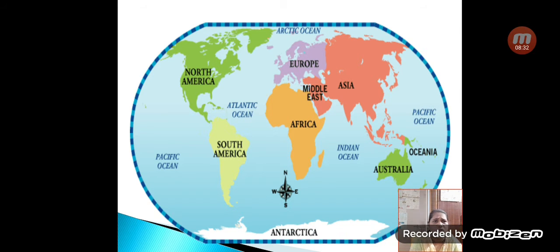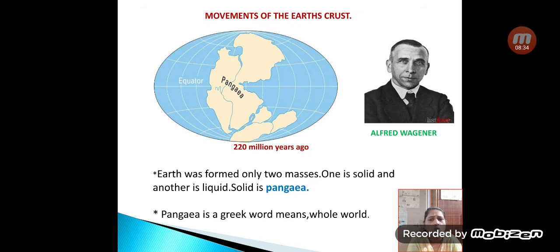Now here questions arise: how old is the Earth? How did the continents move and merge? How have mountains risen? The answer to these questions was given by a person named Alfred Wegener.